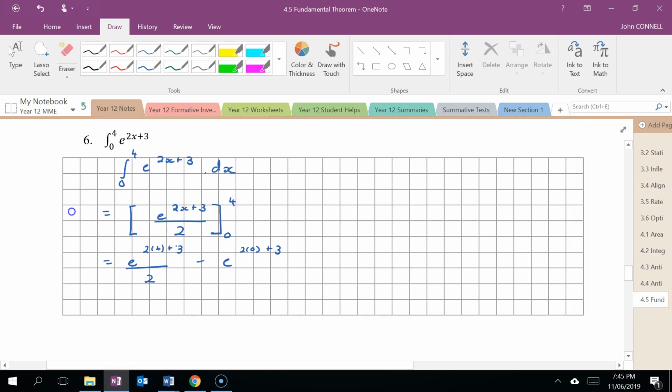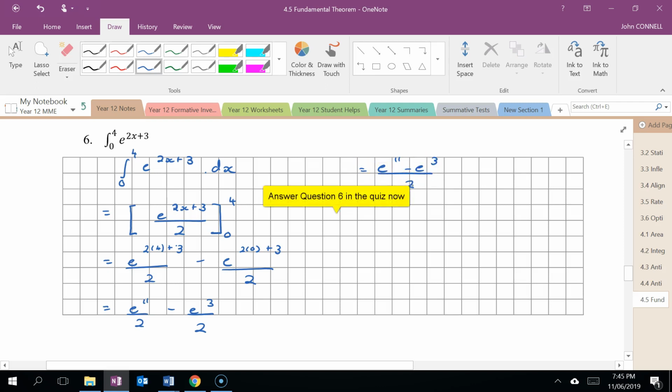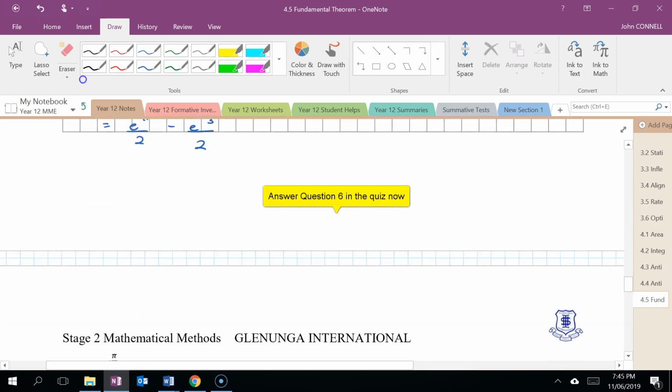Let's say we'll ask for an exact value, so we can't just do this on our calculator. So what's that going to be? That's going to be e to the 11 on 2, take e to the 3 on 2. So it's e to the power of 11, take e to the power of 3, all over 2. And that's as far as we need to go for an exact value.